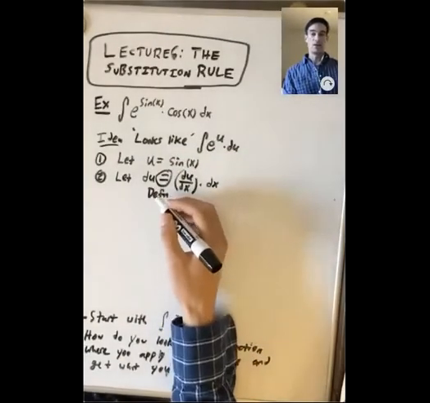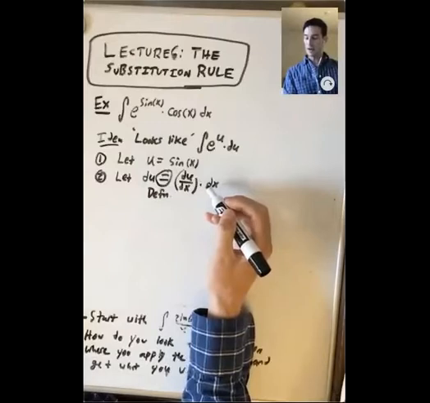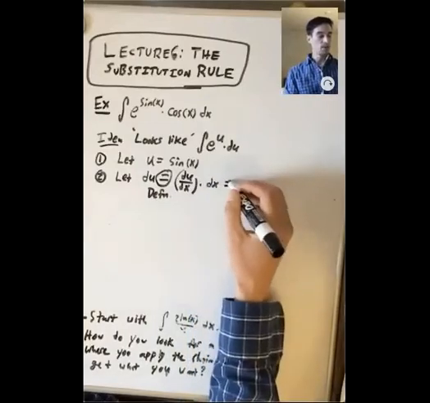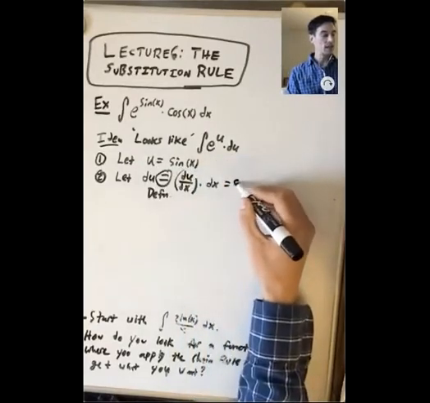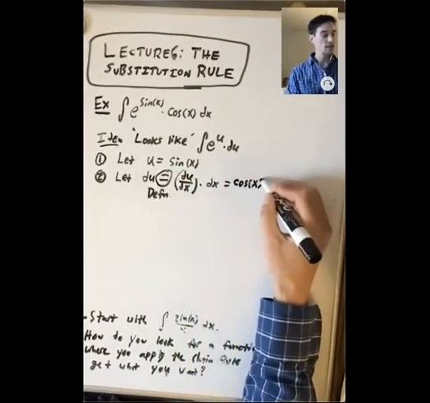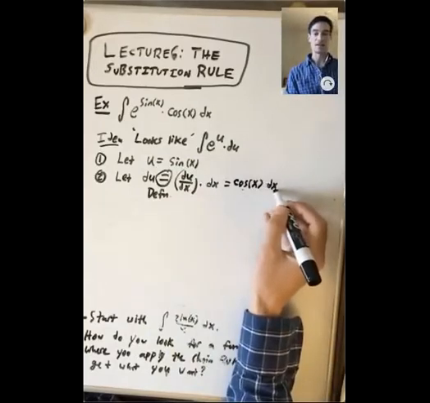There is a rigorous mathematical definition behind what this means. Let's just look at one example. In this example, u is equal to sine of x, so du dx is cosine of x, and du is equal to cosine x dx.